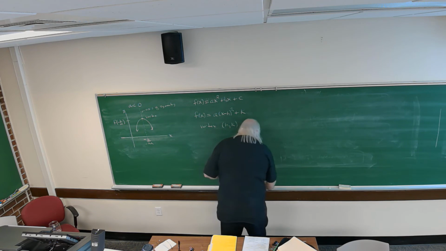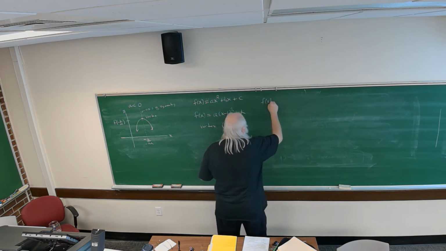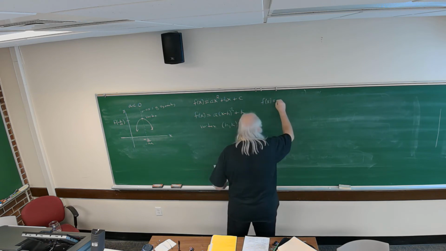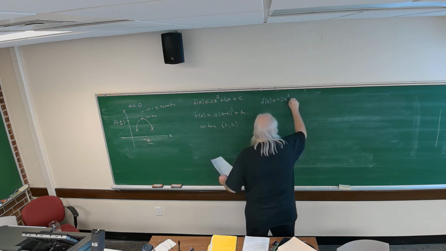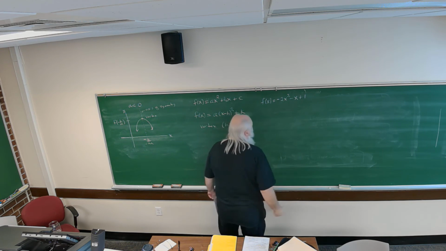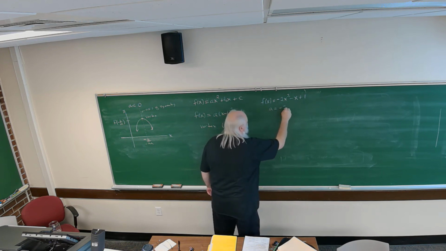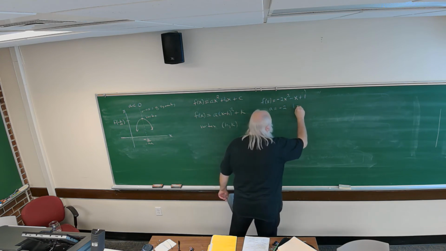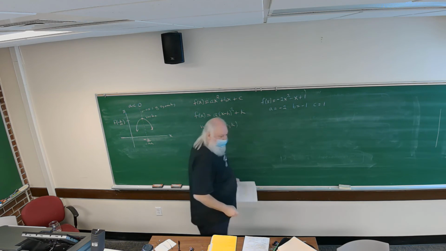So we have f of x is equal to minus 2 times x squared minus x plus 1. And so in this example, you can see that a is equal to negative 2, b is equal to negative 1, and c is equal to plus 1.